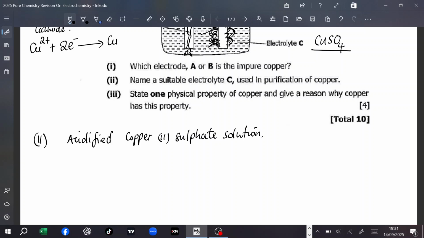Then we go to Roman numeral 3: state one physical property of copper and give a reason why copper has this property.